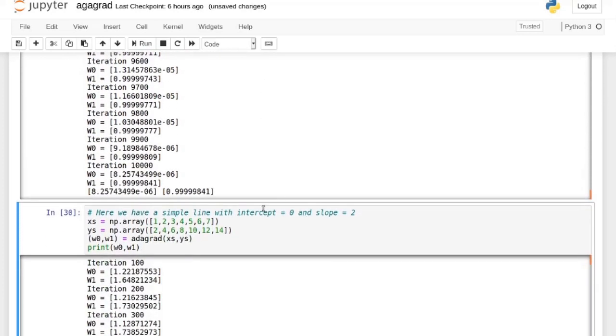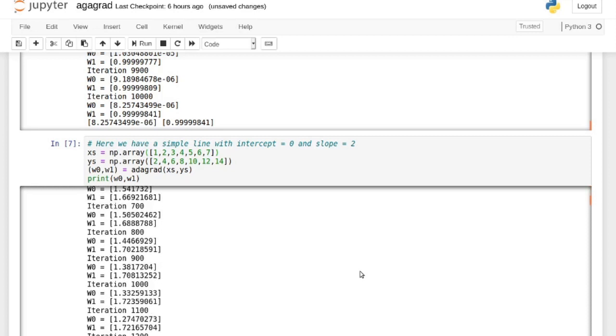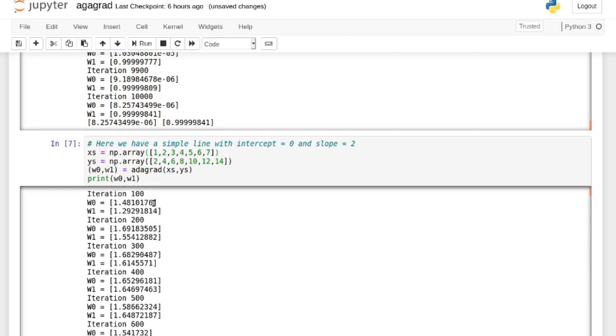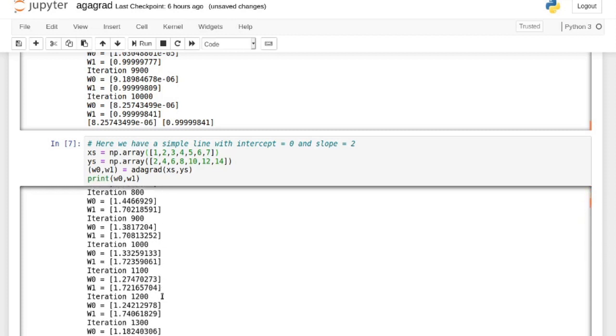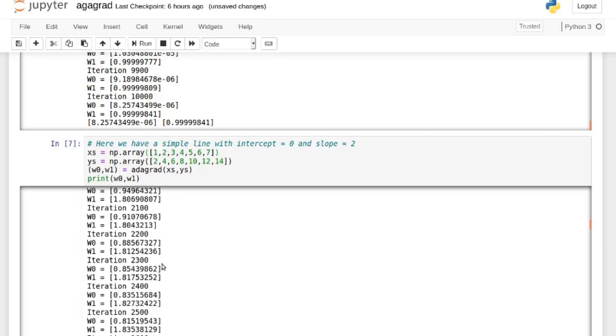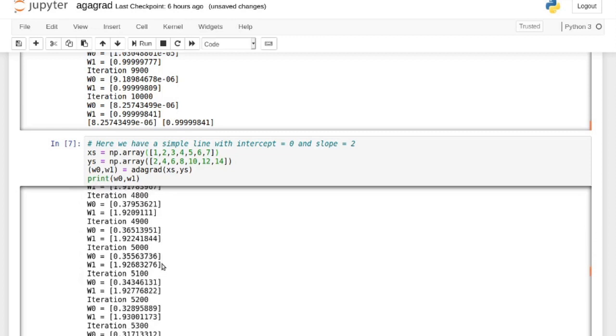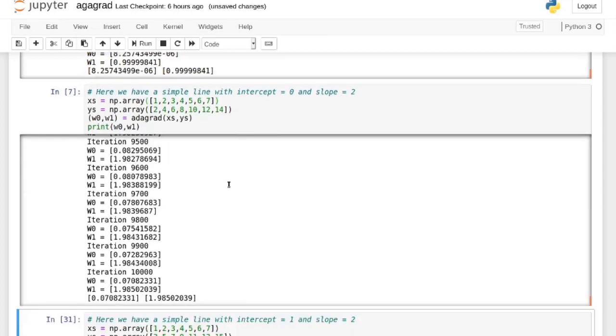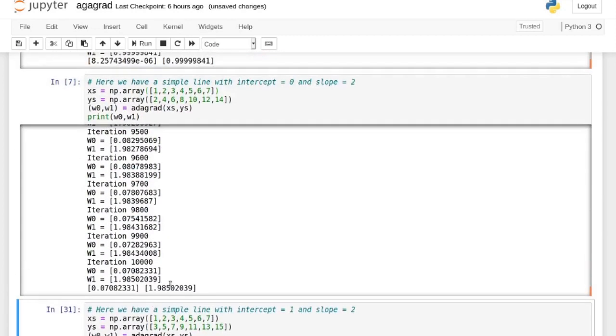Let's look at how we behave with intercept at 0 and slope at 2. And can it go down? If you see over here, it started to go up and then it went down. For the W0, it went down again. Yeah, we're getting close to that, so it's actually not too bad.